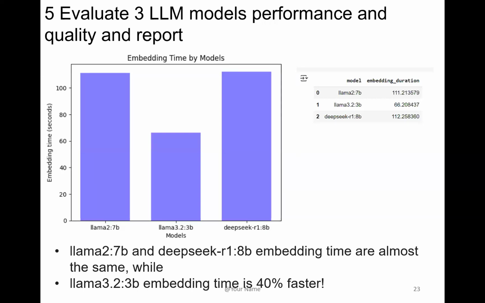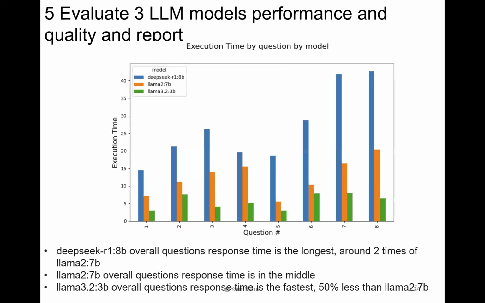Here is the performance comparison between the models. We notice for the embedding time, LLaMA 2 and DeepSeek R1 are almost the same, at 110 seconds, while LLaMA 3.2 is way faster, about 40% faster than the other two models.